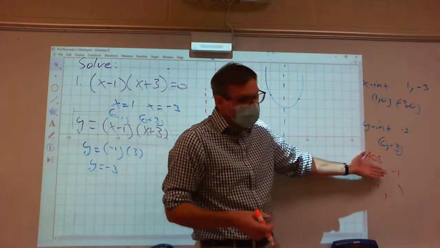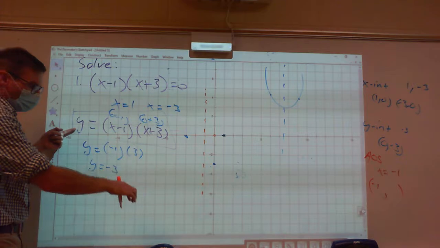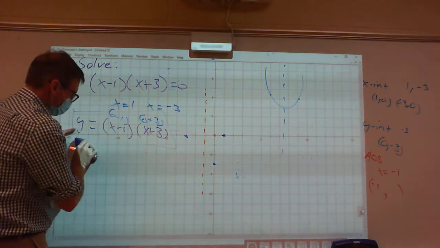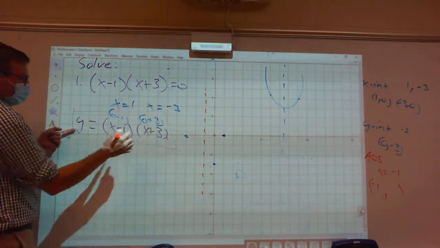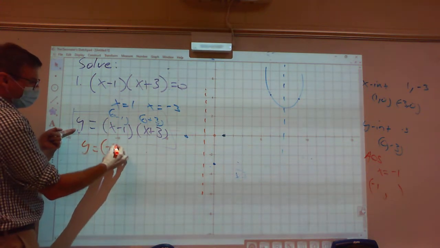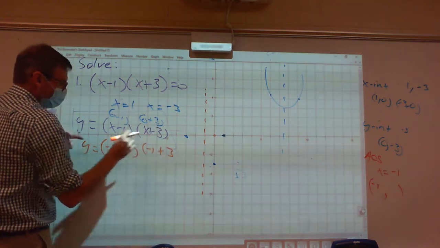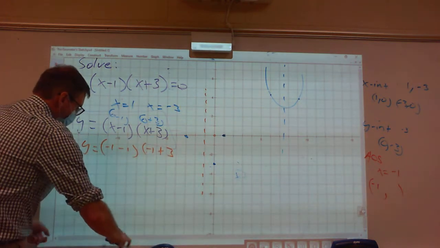We just found out that our x part was -1. So to figure out the y part, we're going to go back to our original function, and we're going to plug -1 in for x. So we're going to have a -1, and then we'll have a -1 plus 3. And here I'll do color coded.